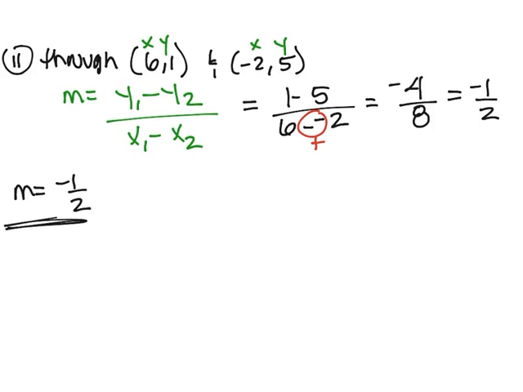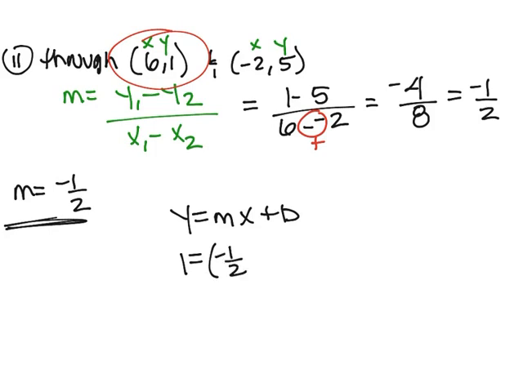Now you just pick a point. It doesn't matter if you do the first one or the second one. I'm going to use the first point. So you're going to take your point and your m and plug it in to find b. So my y is 1, m is negative 1/2, x is 6 plus b.